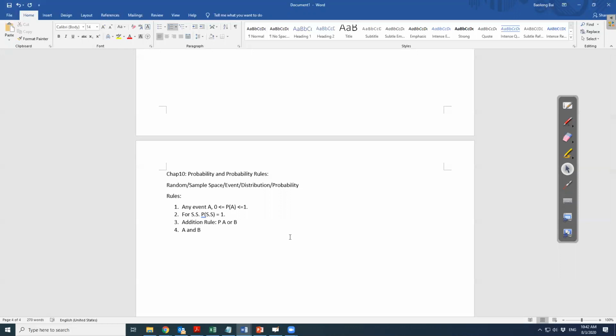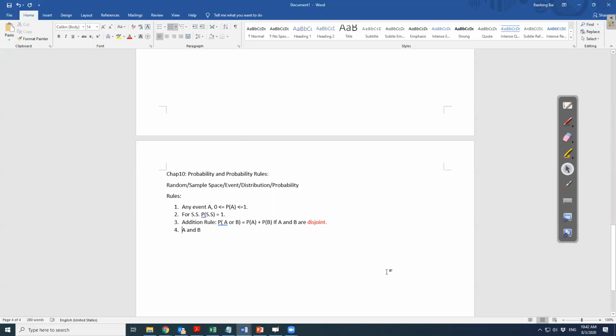So if you're looking for the probability of A or B, this will be by the addition rule. There'll be probability of A plus probability of B. So simply add the 2 event probabilities up, okay? But this is only if 2 events, A and B, are disjoint. Okay. So I need to understand what disjoint means. Then you can apply the rule.